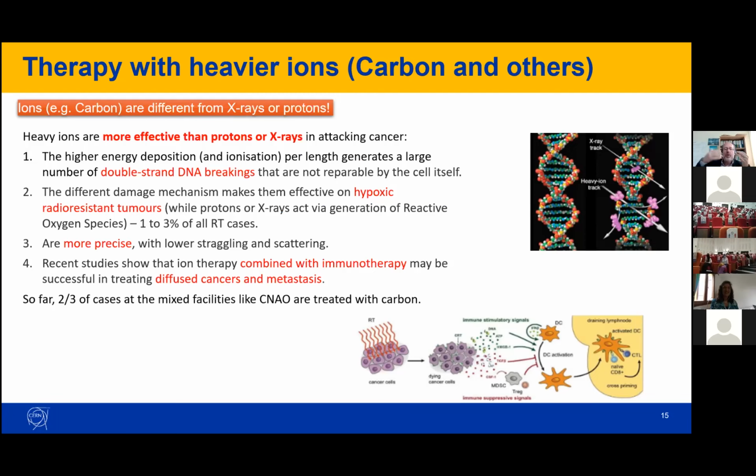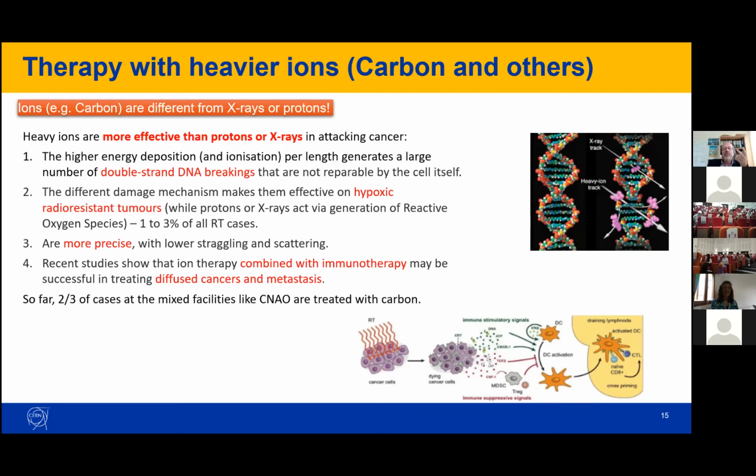And they give a lot of energy to the molecules they cross, so that they break the DNA. They break the DNA in different positions, and they create double-strand breaks that most often are not repairable. So if you have a single-strand break of DNA, our cells are so clever that they can repair it.